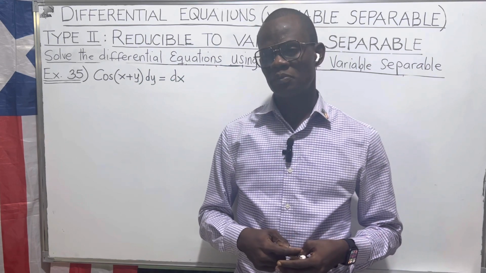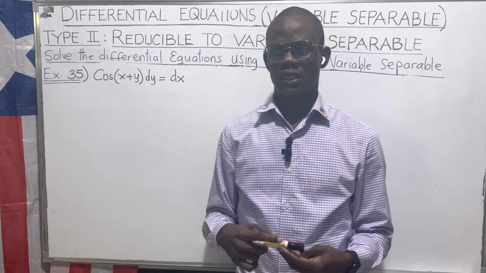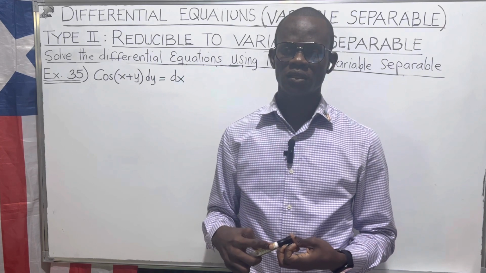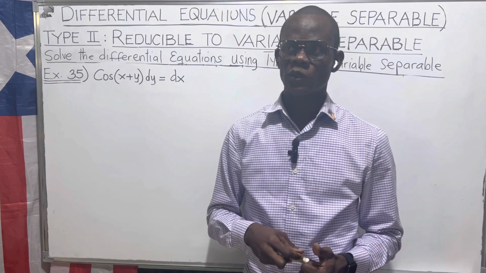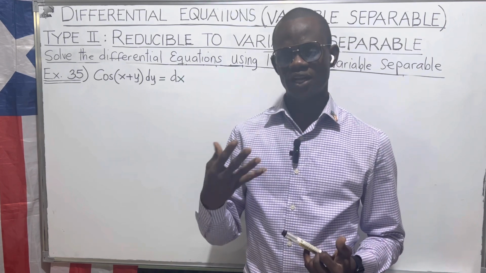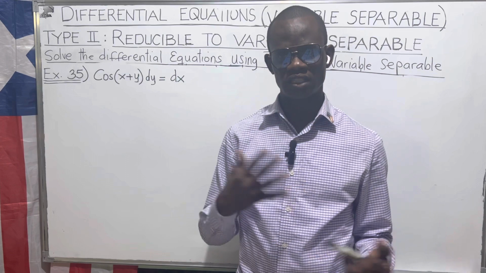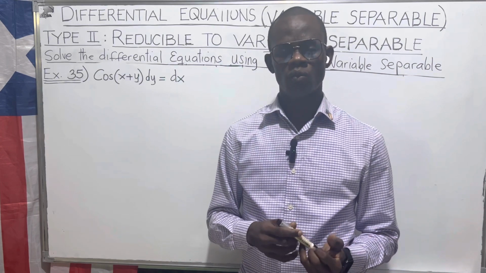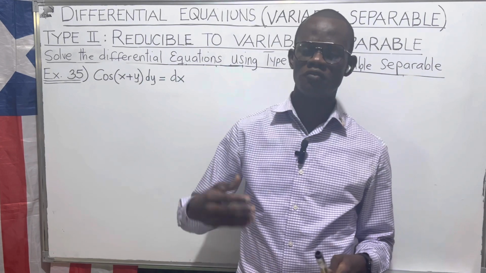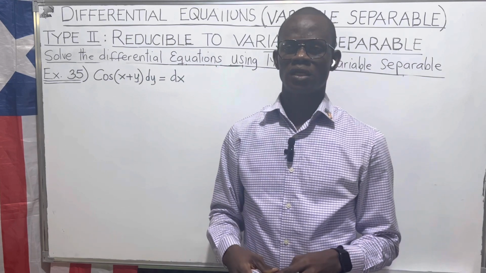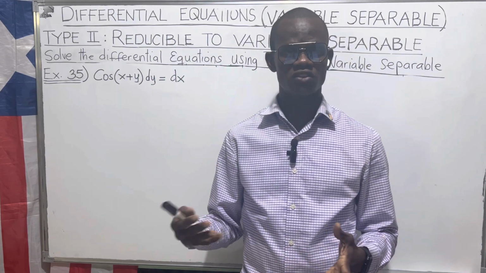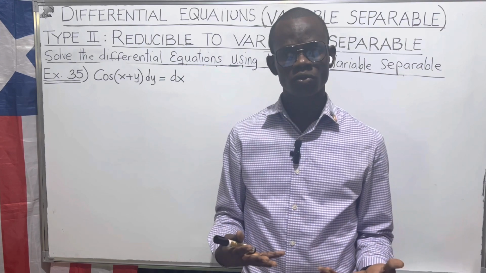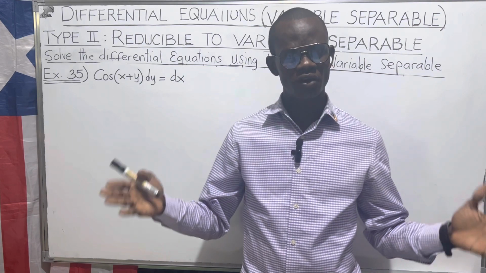But some problems appear different. Some problems appear in a way that when you see the differential equation, you cannot directly apply variable separable. But when you apply some substitution, you find some derivatives, and then you put those substitutions back in the original differential equation, you are able to separate the variables.